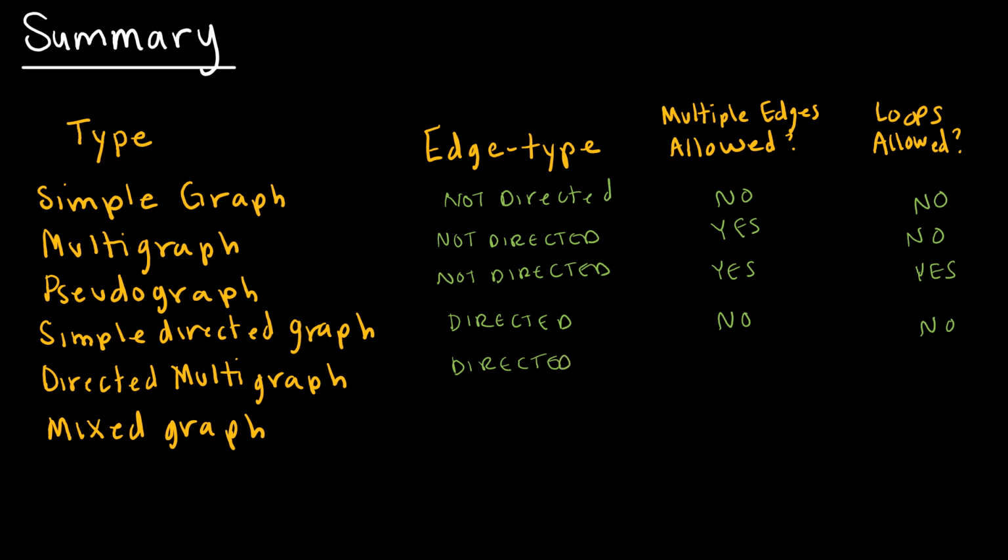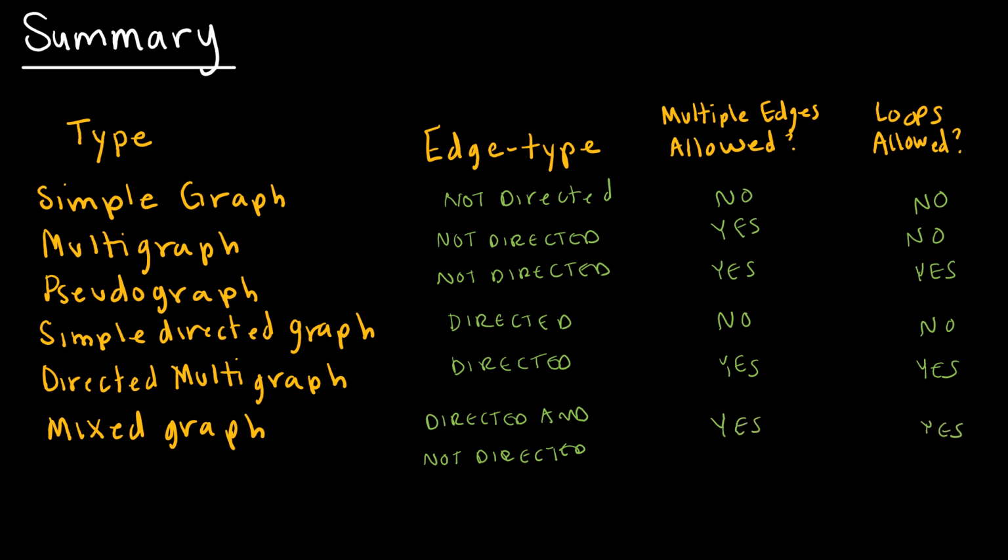And because it's a multigraph, yes, we can have multiple edges, and because it is directed, yes, we can also have loops on a directed multigraph. And a mixed graph essentially gives us the opportunity to have some edges that are directed and some edges that are not directed, so we can use either or. Because it is a mixed graph, we're essentially saying, go to town, do you. Multiple edges allowed? Yes, they are. Loops allowed? Yes, they are.